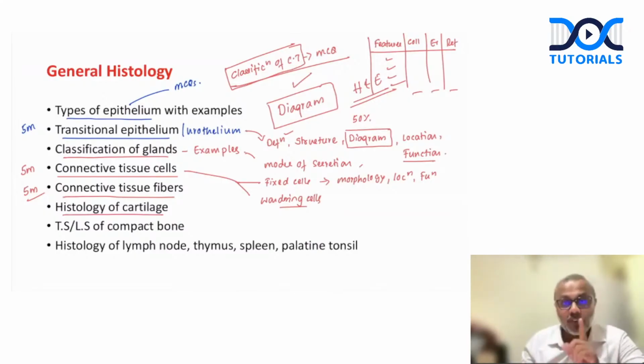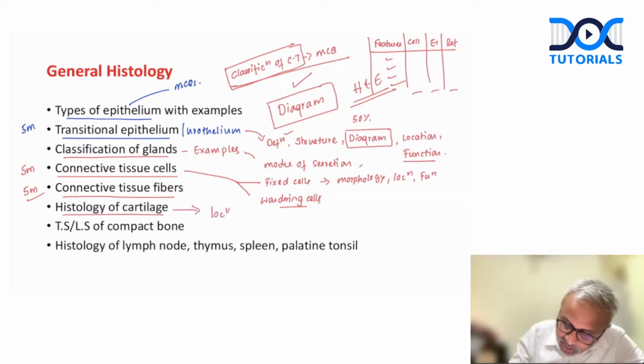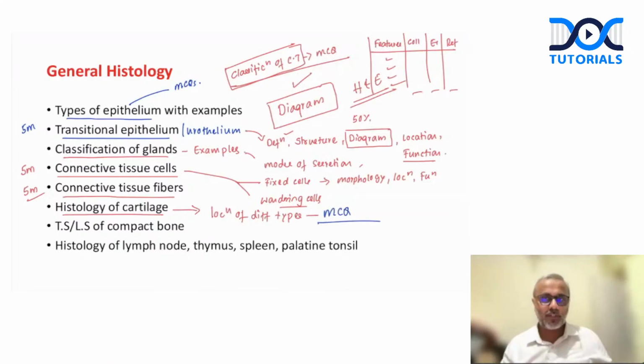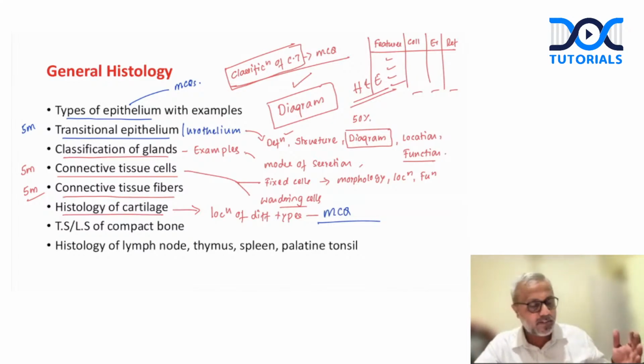In histology of cartilage, the other question that is very frequently asked is the location of the different types. And this is a very important MCQ, similar to the types of epithelium, similar to the types of connective tissue. Whenever classification is involved, whenever types are involved, all those will become typical MCQs.